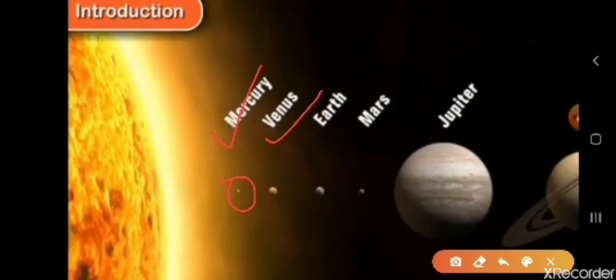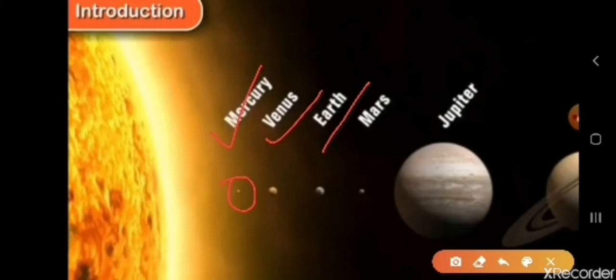Now the third one, children, is the earth, or we can say our planet. Earth occupies the third position in the solar system. As we know, nearly 70% of the earth is covered by water, due to which earth is also called the blue planet.